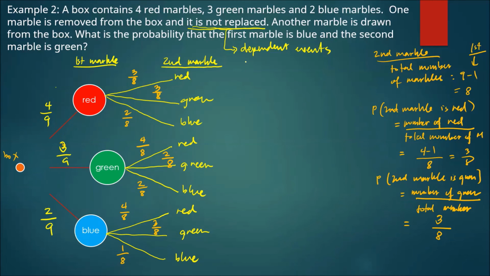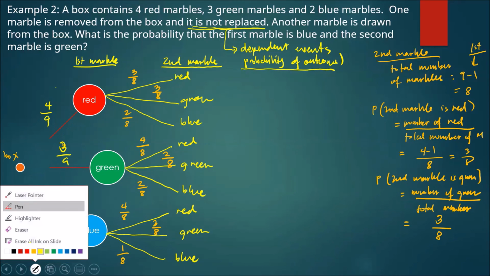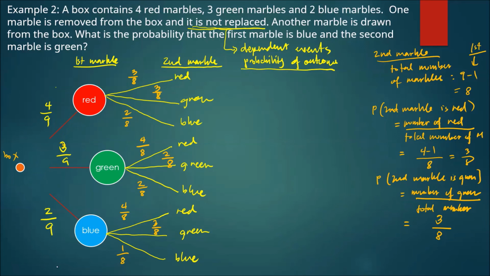And the probability of the outcomes, okay, so we will have the probability that the first marble is red and the second marble is red. Again, we will multiply them.